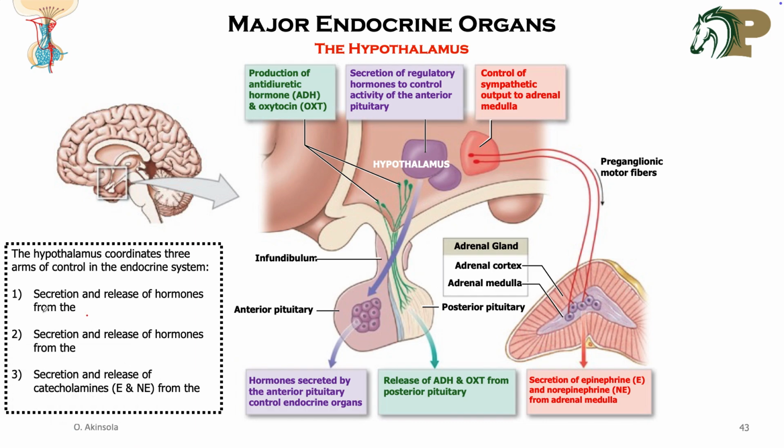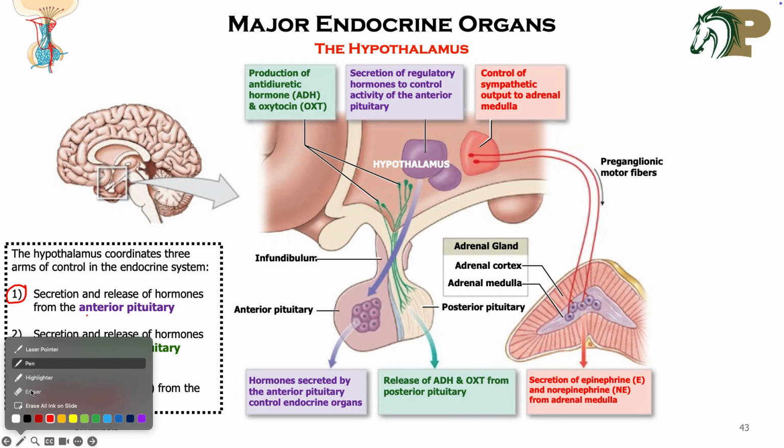Number one, secretion and release of hormones from the anterior pituitary, secretion and release of hormones from the posterior pituitary, and secretion and release of catecholamines from the adrenal medulla.